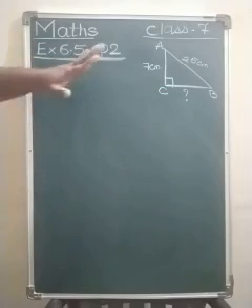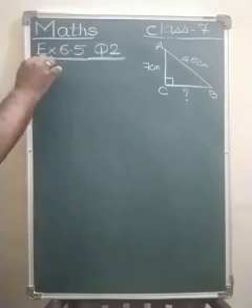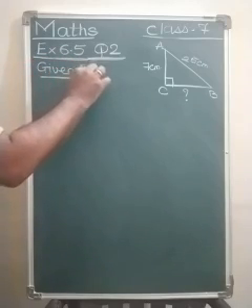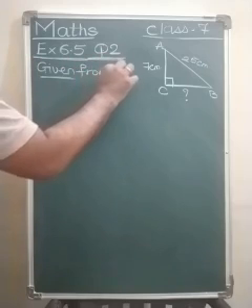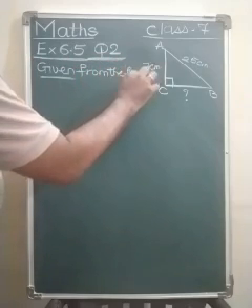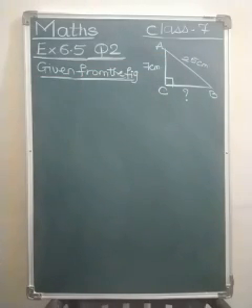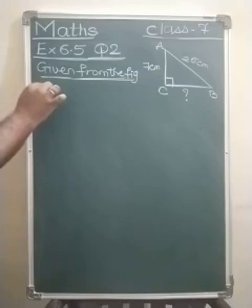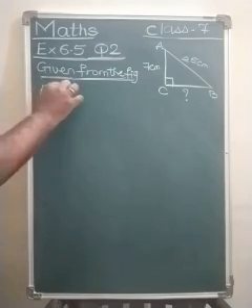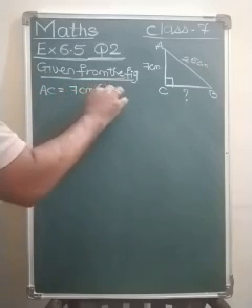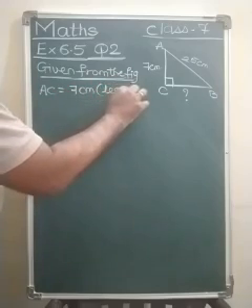Now how to find out? Again the same thing. Given, we'll write down from the figure, a rough figure we have drawn. So given from the figure, AC equals 7 centimeter, that is leg 1.